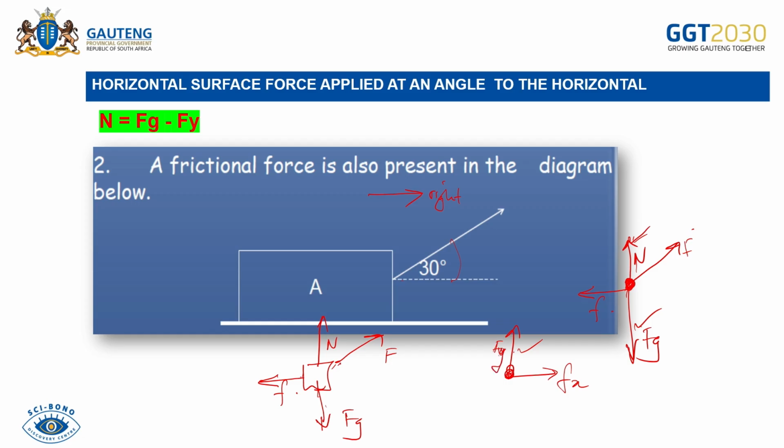So by now you know how to resolve a force into its components. So if it's 1, 2, 3, now I'm looking for the normal force. Normal force plus Fy plus into minus Fg, since they're acting in opposite directions, will be equal to 0.